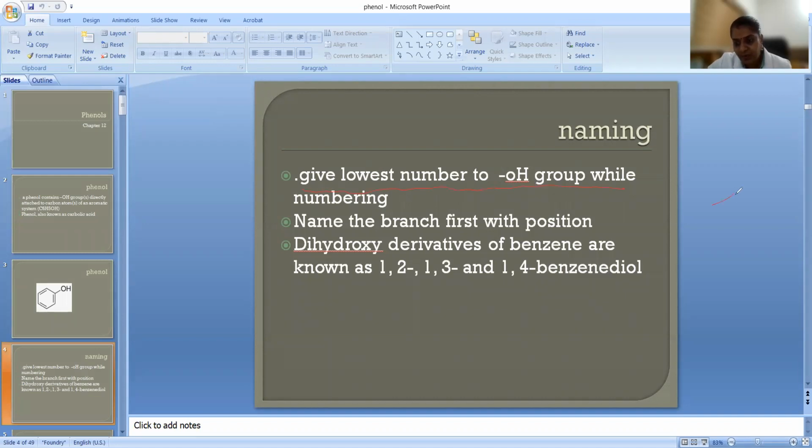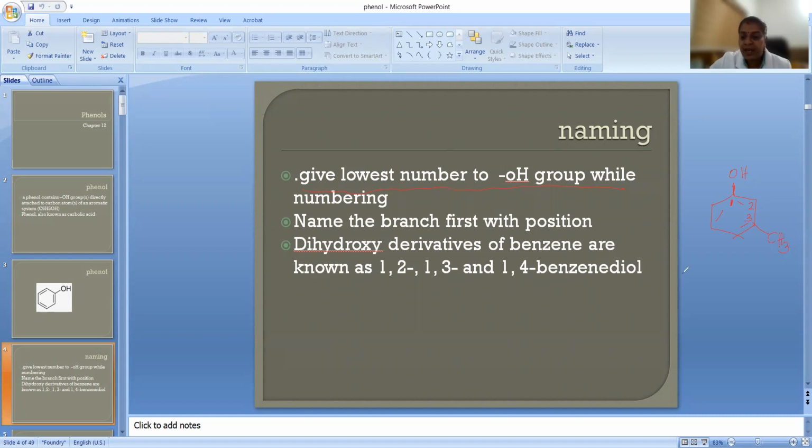I will give you one example. This is one example of phenol. So what they are saying is, give the lowest number to the OH group. So you have to start numbering from wherever OH is there, 1, 2, 3, 4, like that.